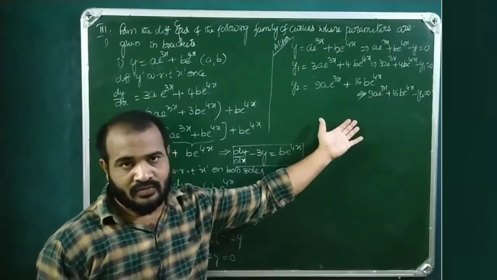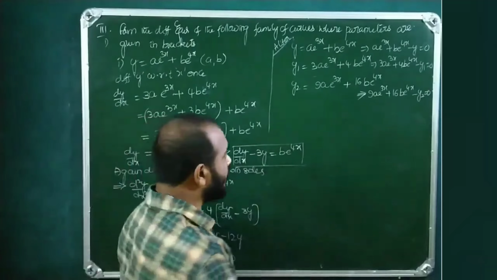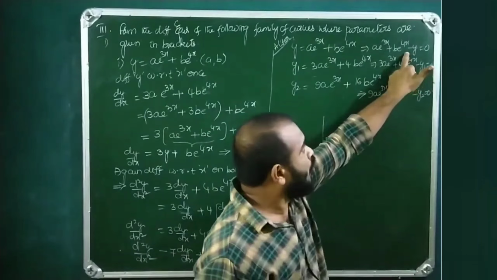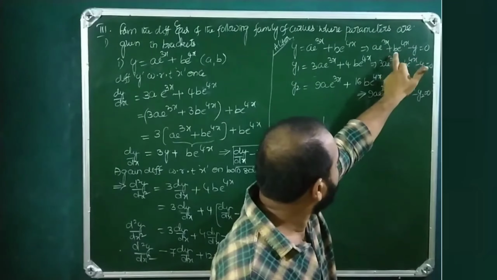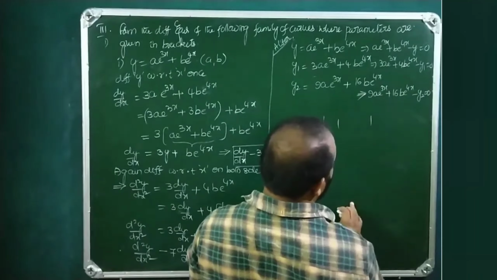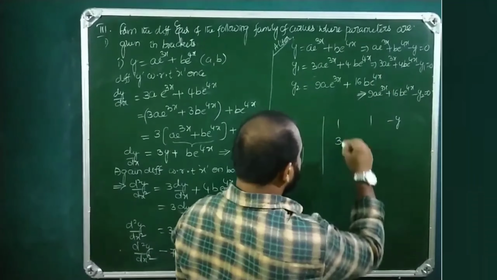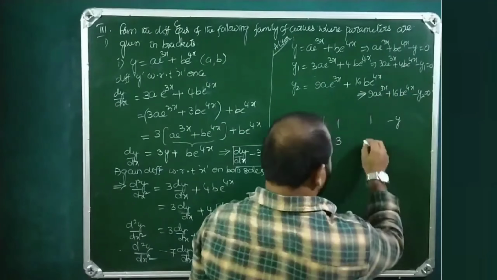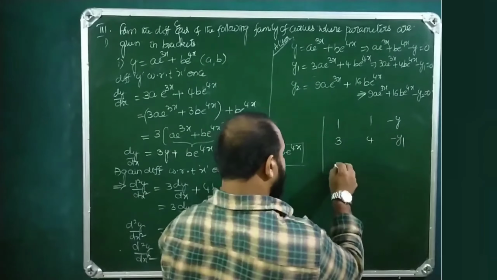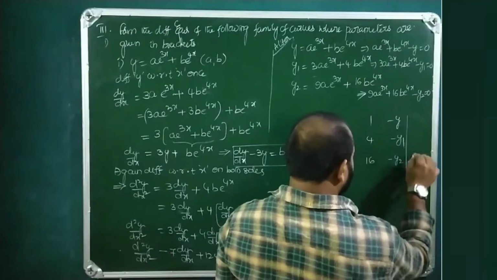The parameters a and b can be eliminated through determinants. The a e^(3x) coefficient is 1 and the b e^(4x) coefficient is 1, so minus y. Here the a e^(3x) coefficient is 3, the b e^(4x) coefficient is 4, minus y1. And here 9, 16, minus y2. This equals 0.